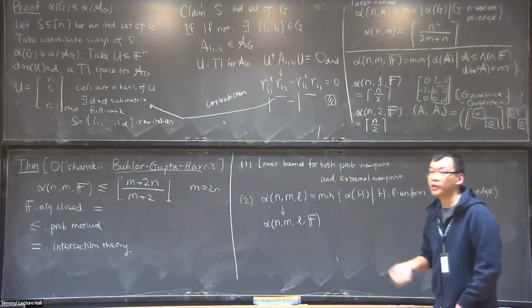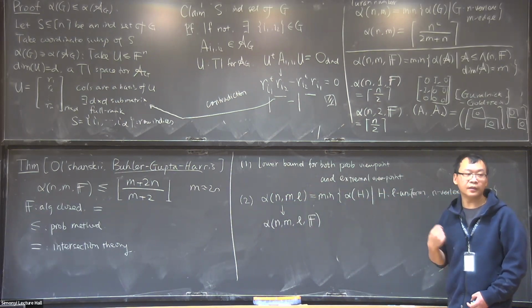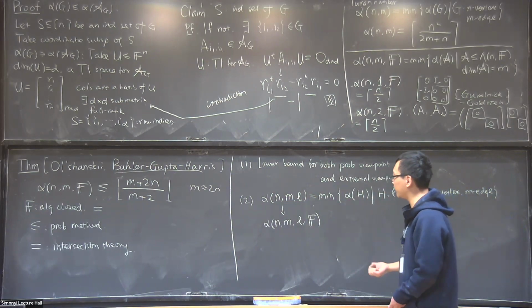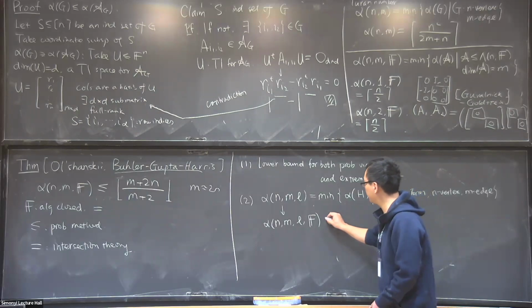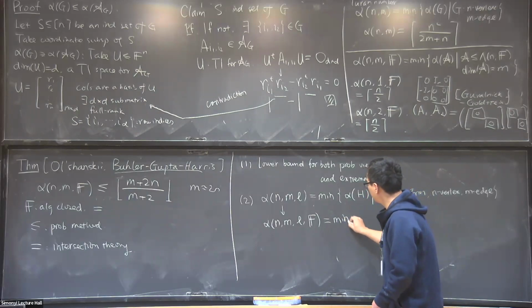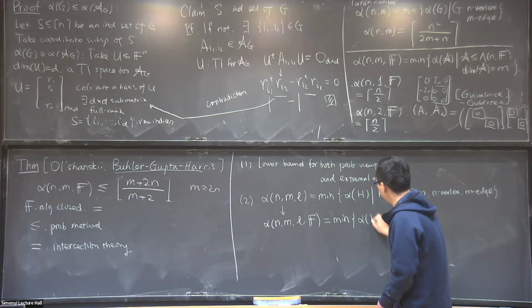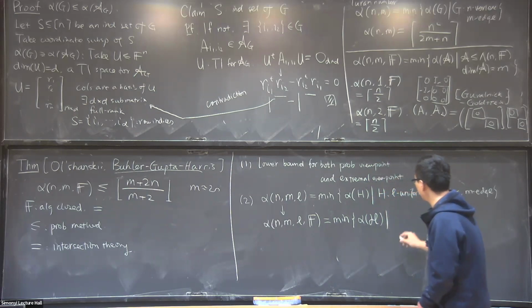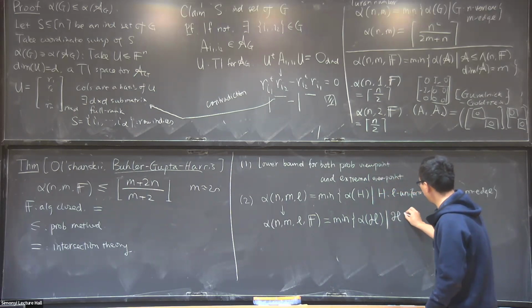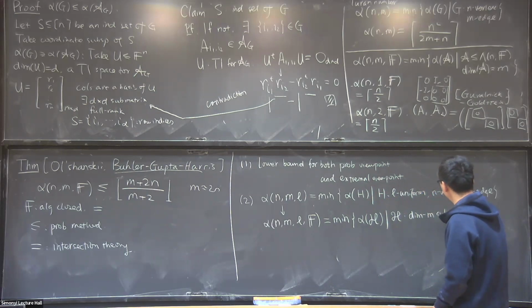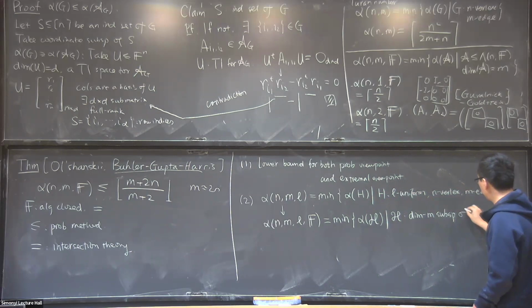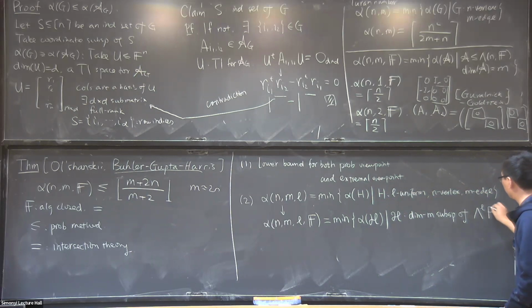So what is the correspondence of hypergraphs in the linear algebra setting? Essentially, we are going to look at exterior products. It will be something like alpha(H), where H is an m-dimensional subspace of the l-fold exterior product of F^n.